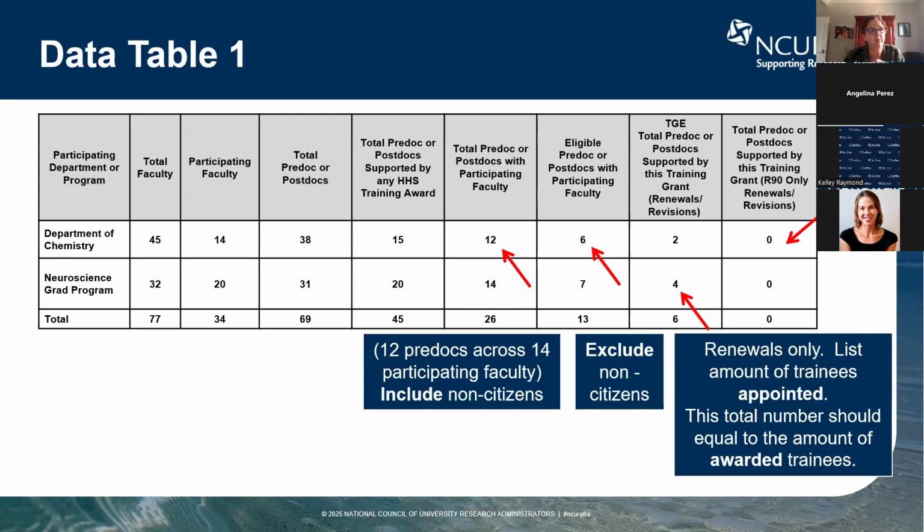The only problem with Reporter is that if you pull a T32 report, it's not going to show you how many slots there are per training grant. That's where, as an institutional person, I collect all that data and I know exactly how many pre-doc slots are on each grant. So hopefully your institution does as well.